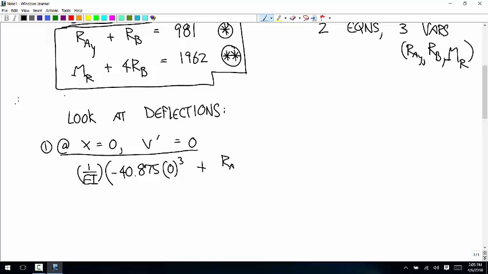Plus RAY over 2 times 0 squared minus MR times 0 plus C1 is equal to 0. So everything inside the brackets is 0, and so we find out that C1 is equal to 0.